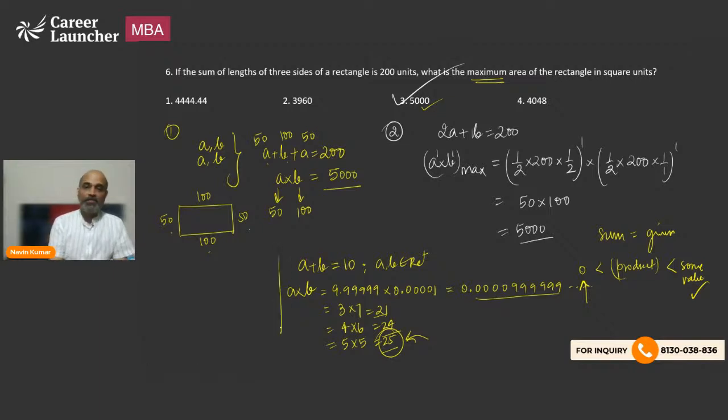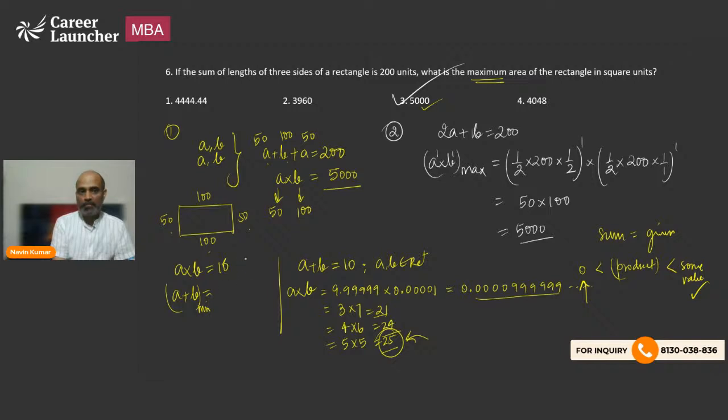Okay, vice versa, if the product is given to you and you're asked the sum, उल्टा अगर पूछ दे, then you will be asked minima of sum. Say a into b is equal to 16.